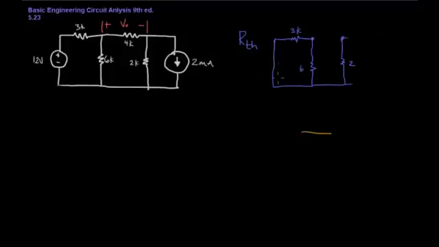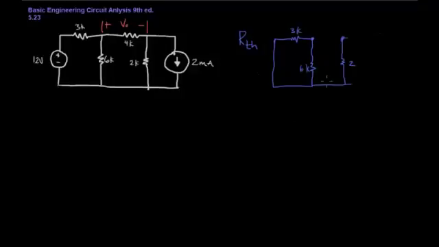So if you stare at this for a while, you'll convince yourself that the 3K and the 6K resistor are in parallel to one another, and that those two are in series with this 2K as we travel from A to B. So we can really quickly then reduce this and solve for the Thevenin resistance.